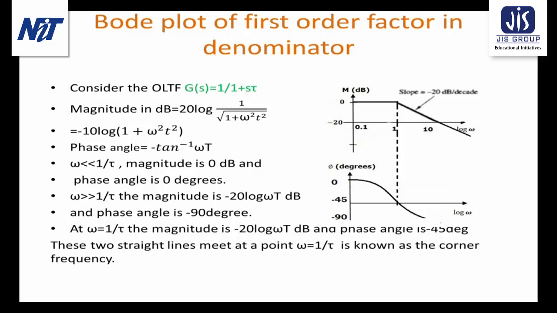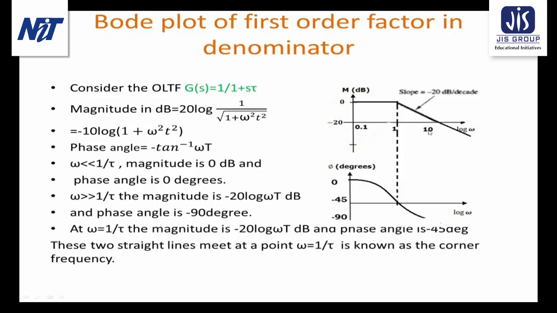And when omega t is equal to 0.1, if we put 0.1 over here, then the magnitude becomes 0 dB, because it becomes minus 20 log of 1. So this is the first case.